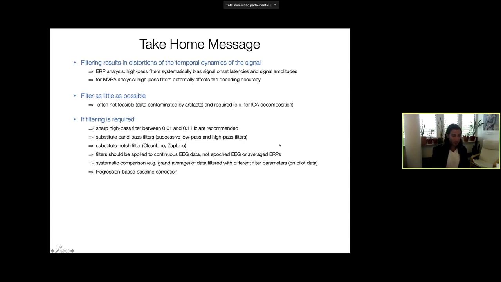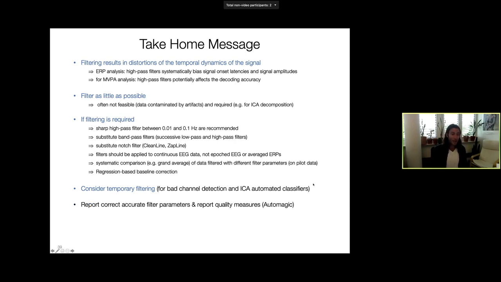And rather use regression-based baseline correction instead of traditional baseline. And also consider temporal filtering for bad channel detection and the ICA automated classifier, as we also implemented it in Automagic. And record correct and accurate filter parameters and report the quality measures, as we provide them in Automagic. And ideally, you use Automagic, so you have the correct workflow for pre-processing.